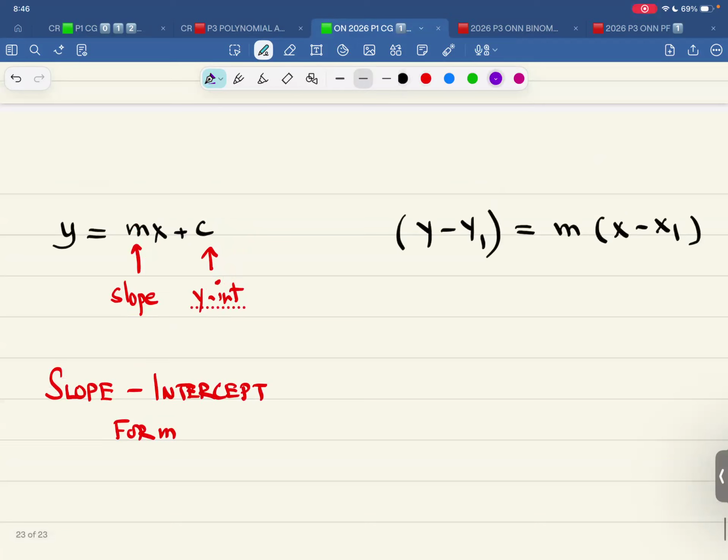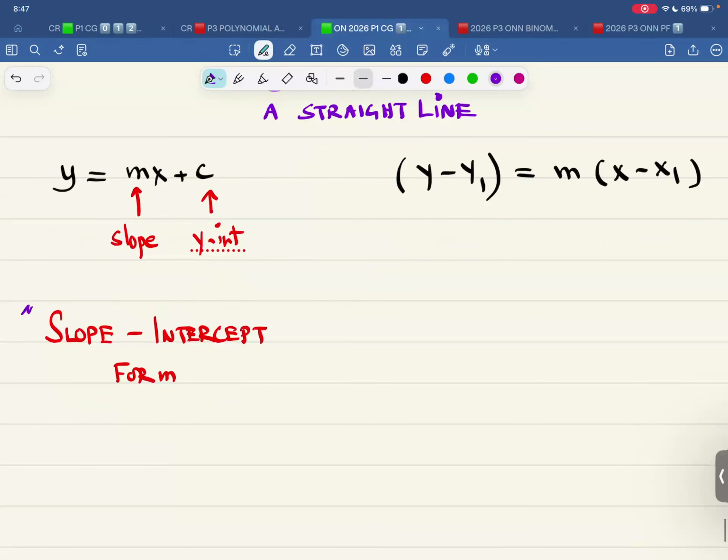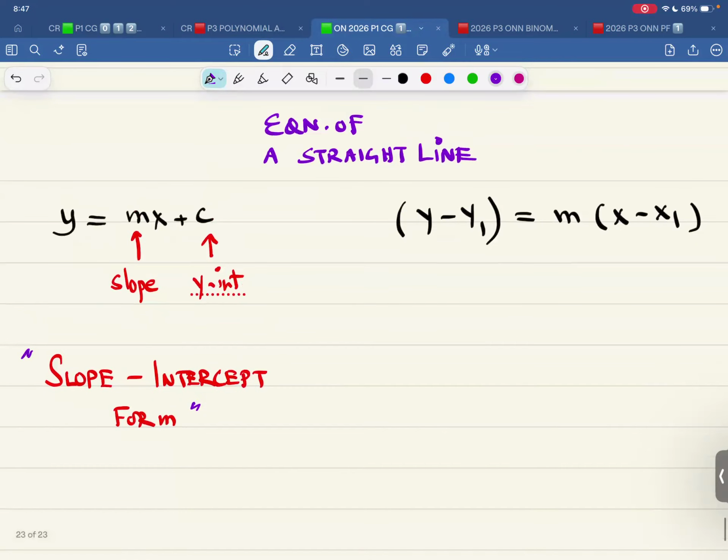By the way, they both are equation of a straight line, a linear equation. It's just that the format is different, slope-intercept form. Over here, this one has a coordinate.